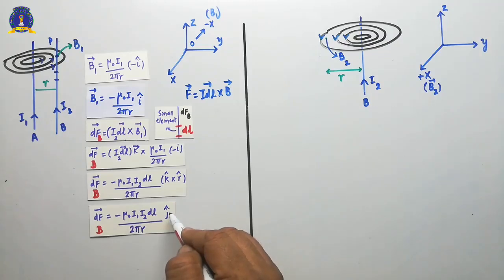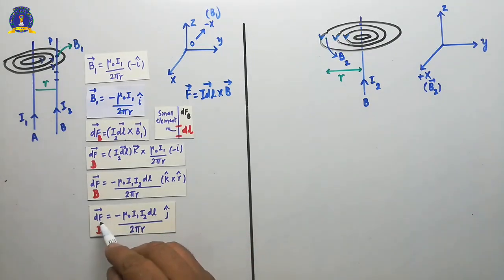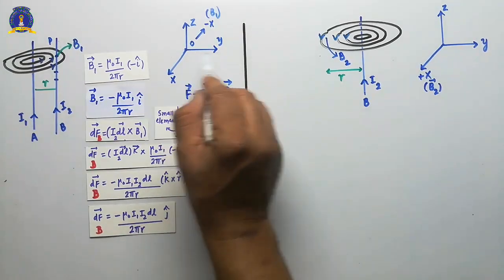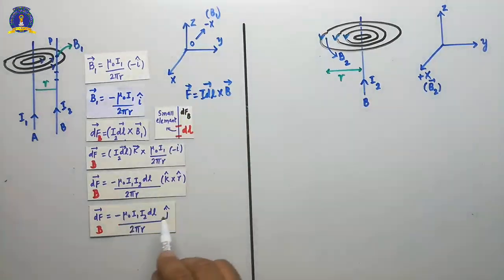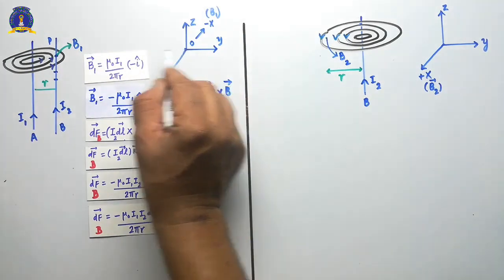What does that J cap indicate? J cap indicates that the small force exerted on the small element in B is acting towards which direction? Y direction. It is acting in the Y direction. Are you clear? That's why this is written as J cap. Minus J cap is there. Since it is minus J cap, it shows that it is acting in the negative Y direction.